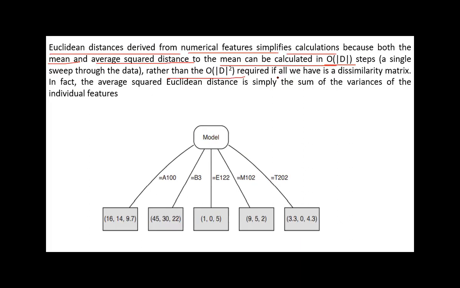So if we have a dissimilarity matrix, in fact, the average squared Euclidean distance is simply the sum of all the variances of the individual features. So Euclidean distance derived from numerical features simplifies our calculations.